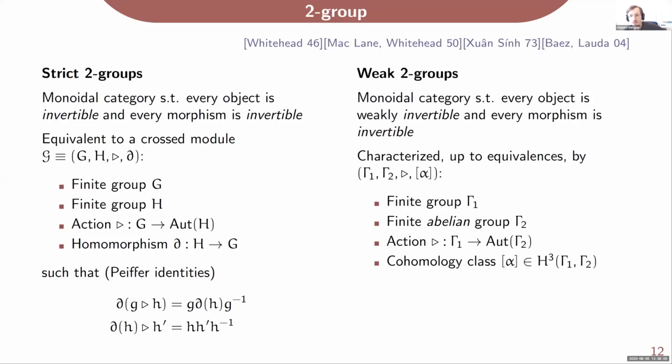And again, we don't use this definition in practice. We use the fact that these are characterized up to equivalence by four elements again: a finite group, gamma 1, a finite abelian group, gamma 2, so that's one of the main distinctions, an action like before, and a cohomology class of gamma 1 valued in gamma 2.